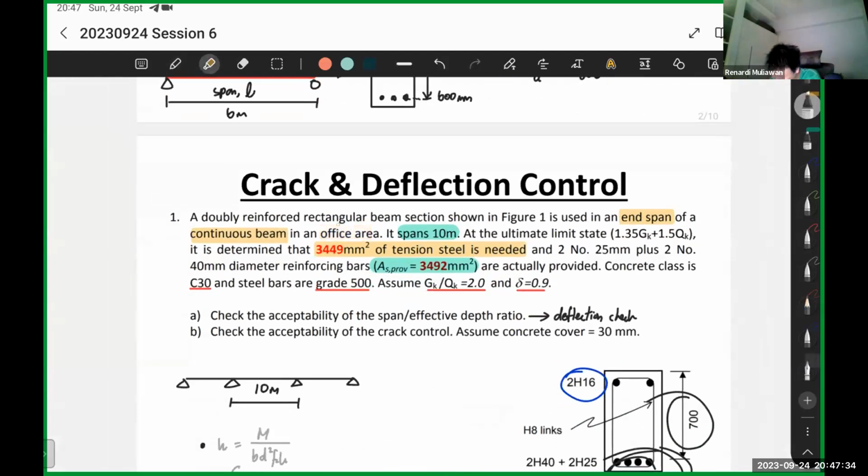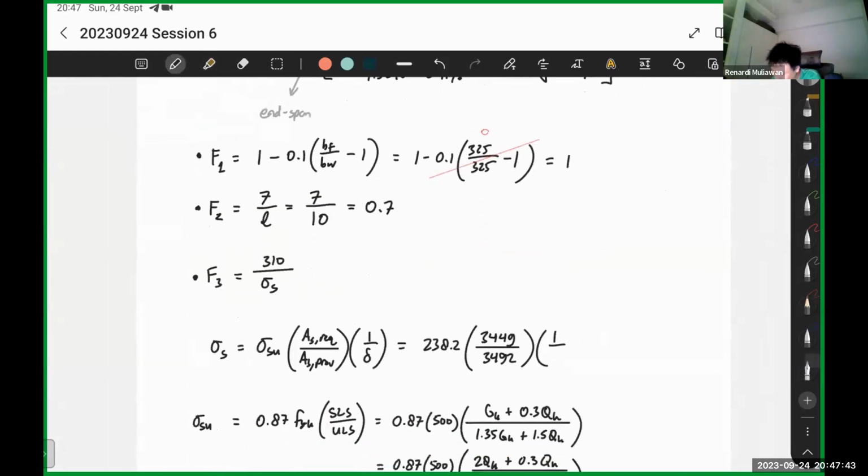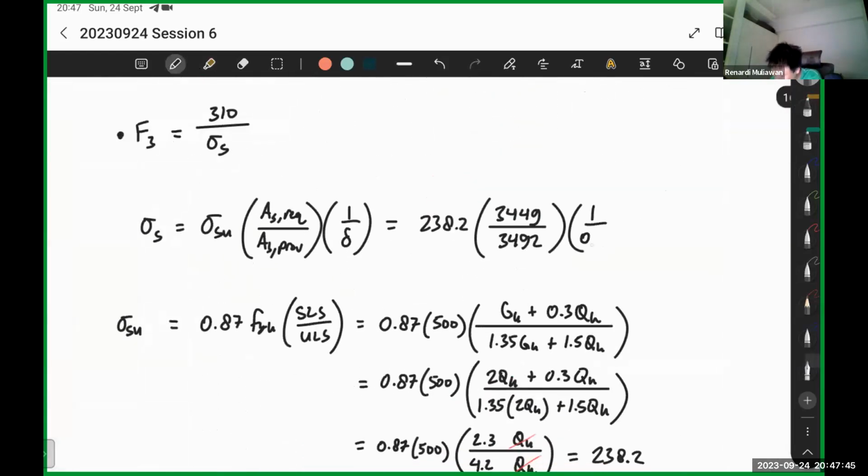They never give, so I guess we can use delta equals 1. Oh, no, sorry. They give. Delta is 0.9. So that's the redistribution ratio, 0.9. So that becomes 238.2 multiplied by 3449 over 3492 times 1 divided by 0.9. Okay, so you get 261.4.